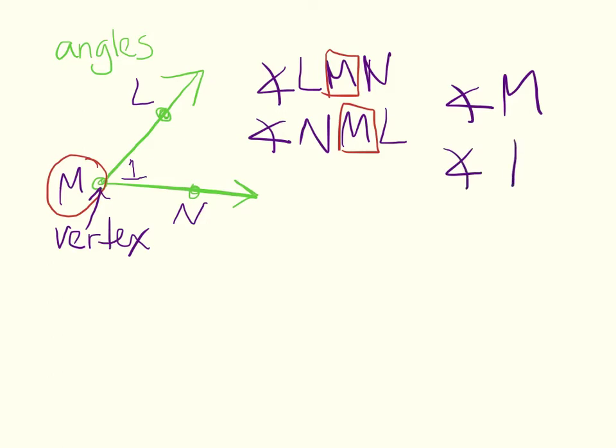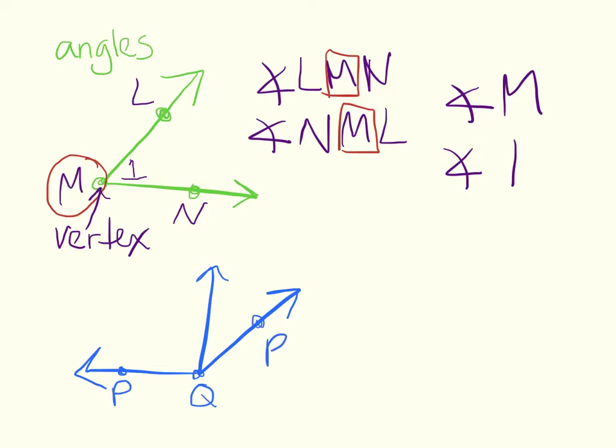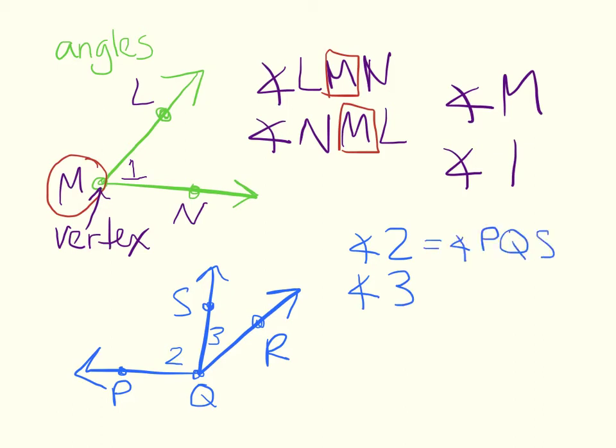Now, when this changes is if I had something kind of bigger, and we could call this P, we could put points here, Q, R, S. And we could put a 2 in here and a 3 in here. So in this picture, we could talk about angle 2. We could talk about angle 3. Angle 2 could also be called PQS. Angle 3 could be called SQR.